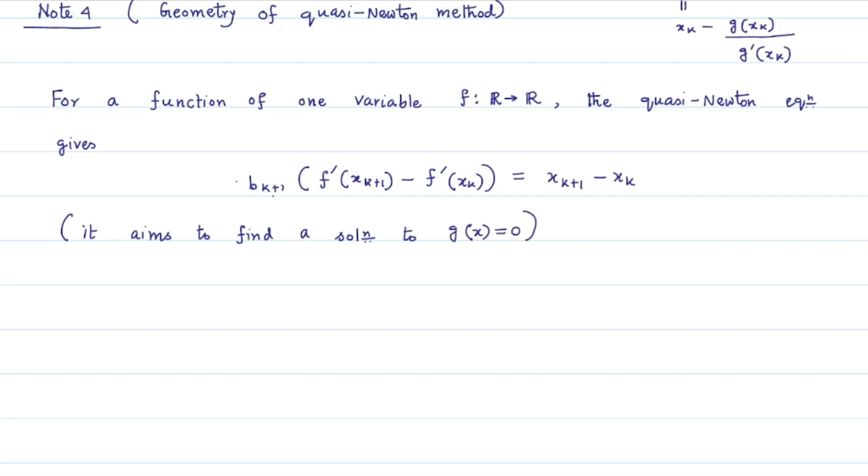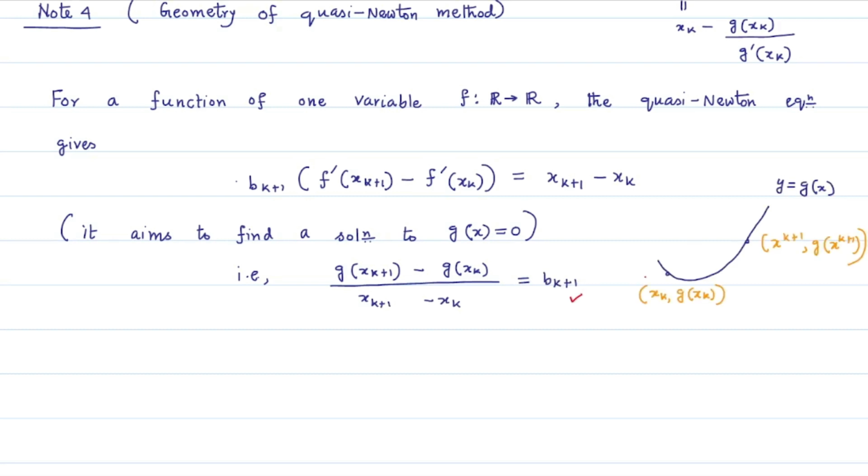Now in terms of g, this quasi-Newton equation is g(xk plus 1) minus g(xk), divided by xk plus 1 minus xk, equal to Bk plus 1, which gives the slope of the chord joining these two points (xk, g(xk)) and (xk plus 1, g(xk plus 1)). Thus, the quasi-Newton equation is also referred to as the secant equation or the chord equation.